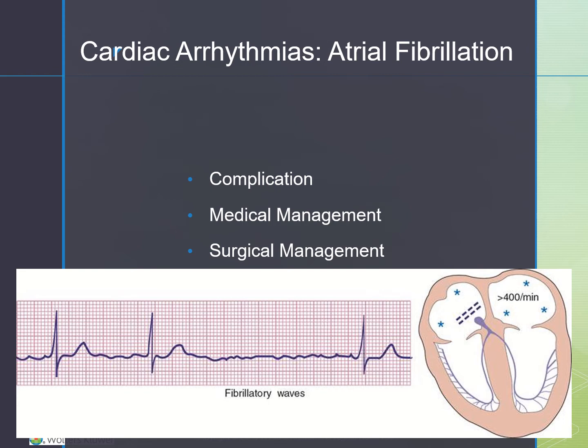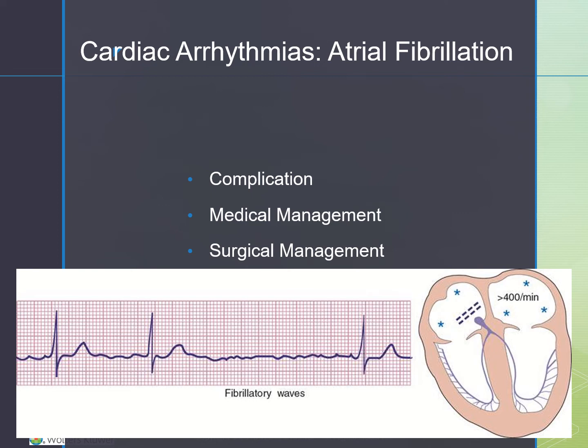We can also do what we call an elective cardioversion, where we actually go in and we shock the heart to try and briefly stop it so it will return to a normal sinus rhythm. We can also do a surgical management where we restore that normal conduction pathway in the atria by eliminating some of those rapid firing ectopic pacemaker sites.